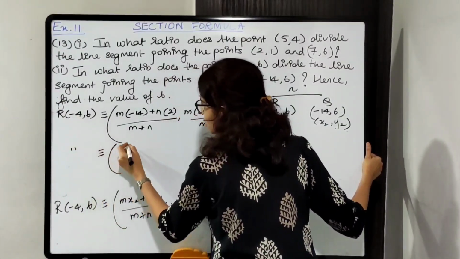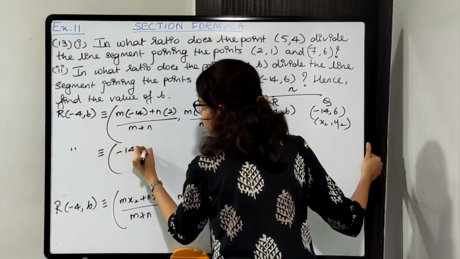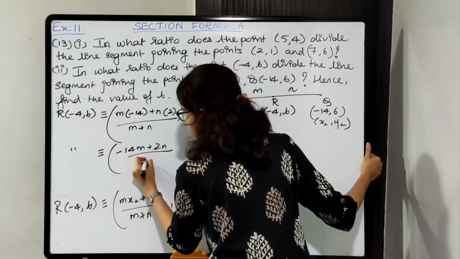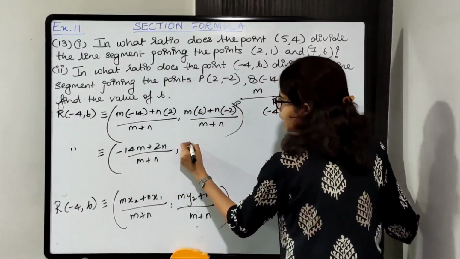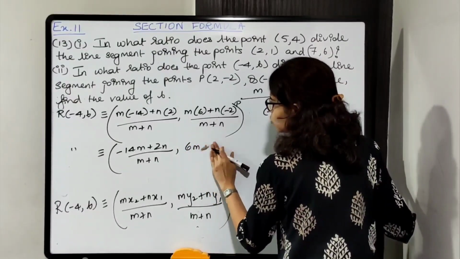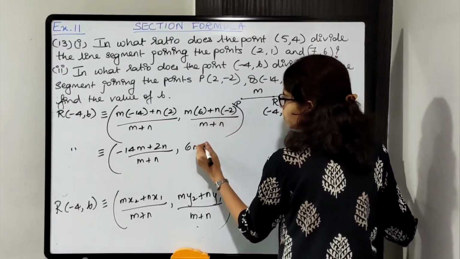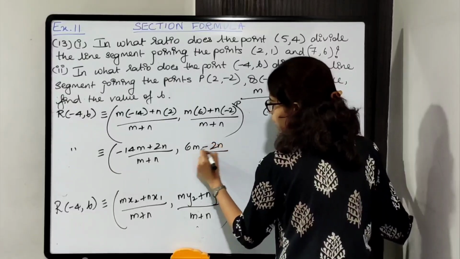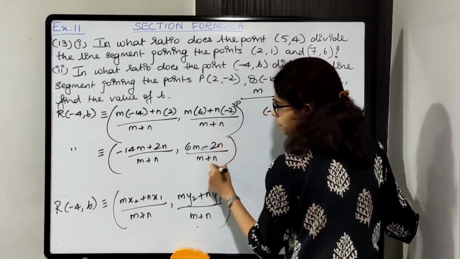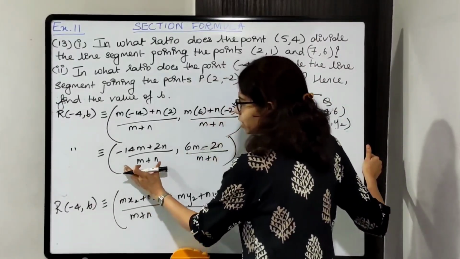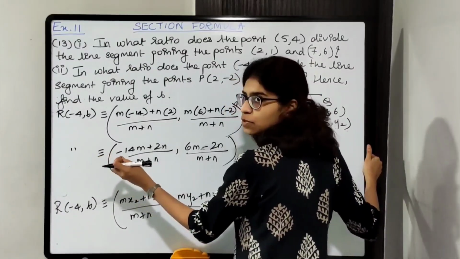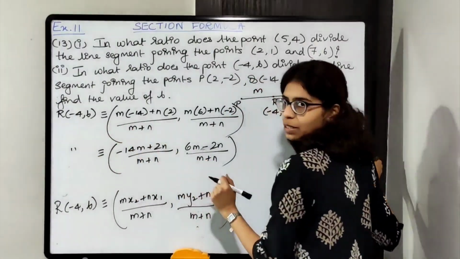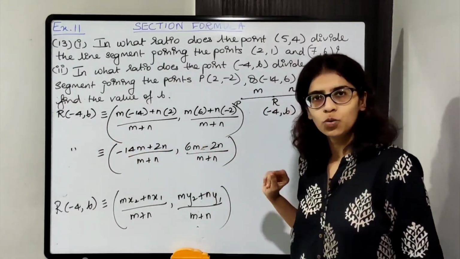Same thing, you'll write this down. Minus 14m plus 2n upon m plus n and 6m minus 2n हो जाएगा. Plus into minus minus 2 into n, 2n upon m plus n. So this is equal to minus 4 and this is equal to b. So we'll equate the two now.